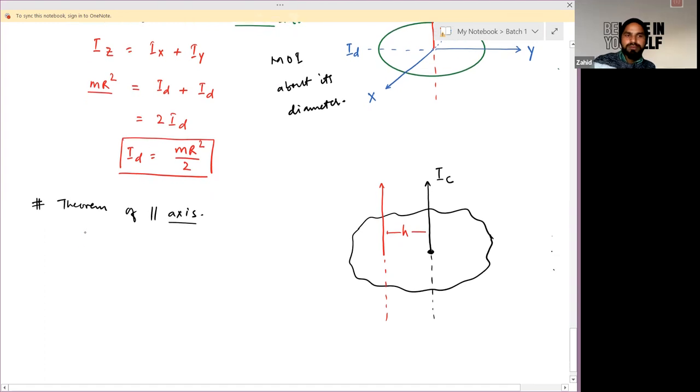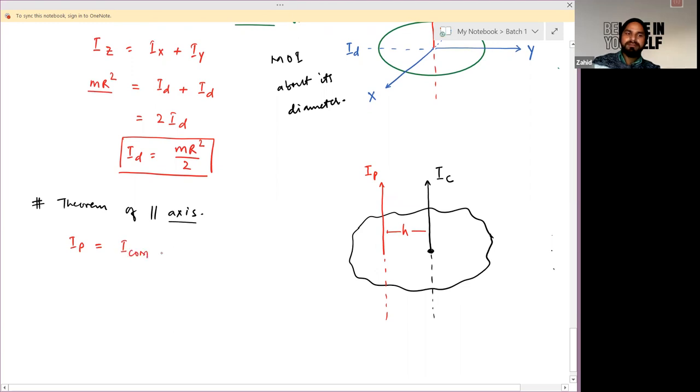So according to the parallel axis theorem, moment of inertia about this axis equals moment of inertia about center of mass plus total mass of object times square of separation between them.